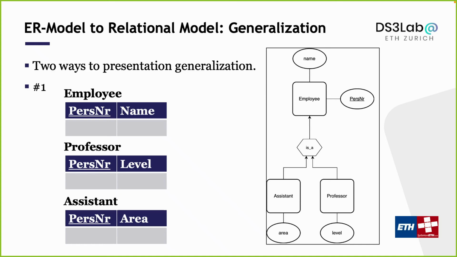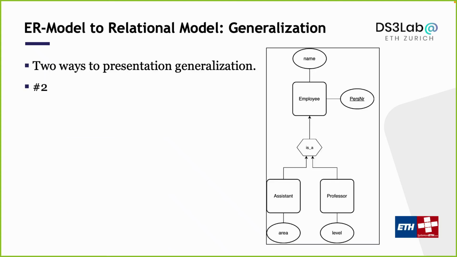For the assistant, you have personnel number and its unique attribute, for example area. When you ask what's the name of a professor, you join the professor relation with the employee relation, and you get that. So this is one way to do the translation. You store all the common attributes in the parent class in one relation, and then you store the unique attributes as separate relations.